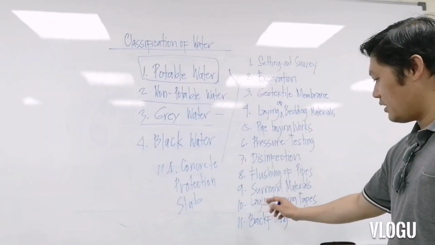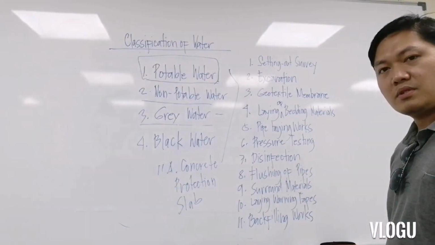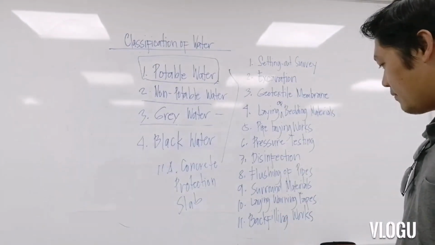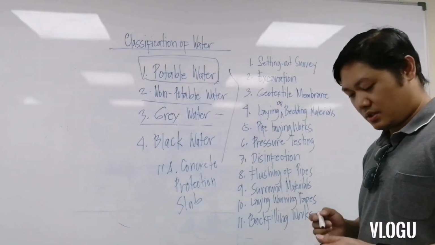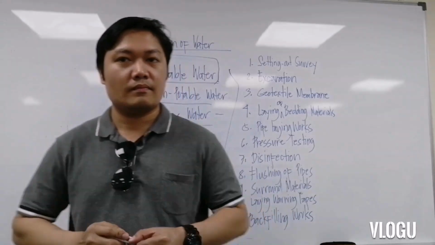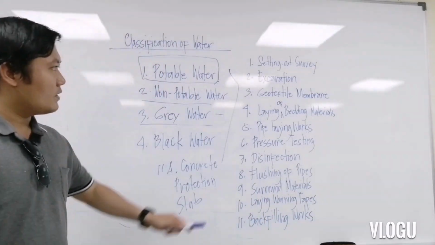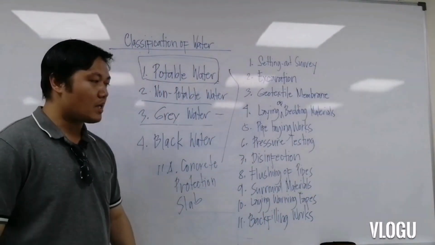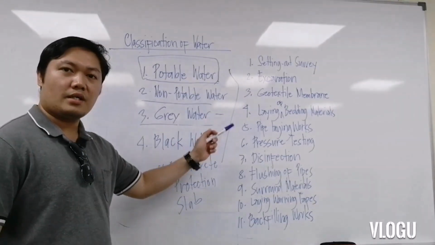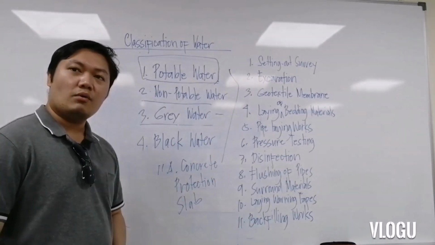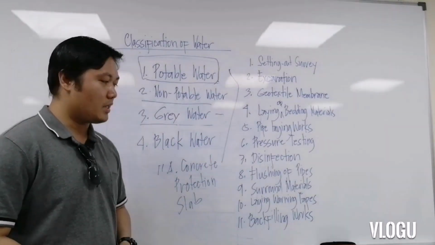And also the laying of warning tapes, and the last activity, the backfilling works. These are all the processes of work execution on site with respect to pipe laying works.